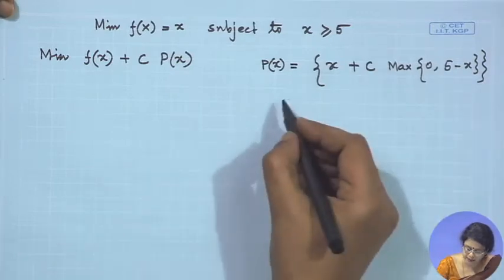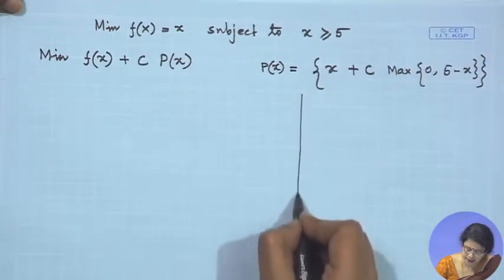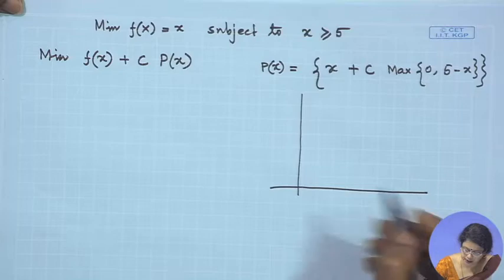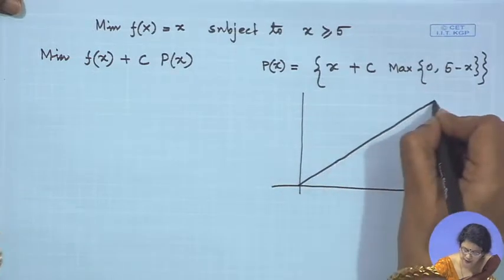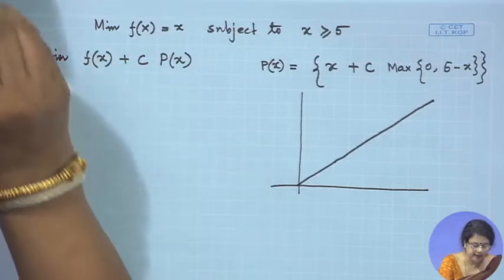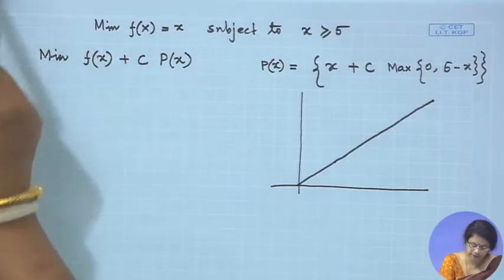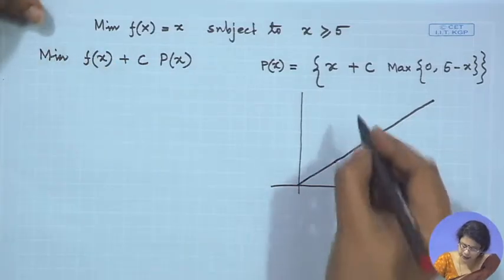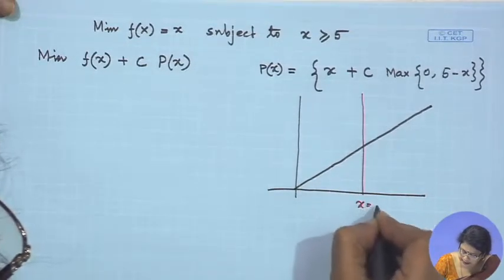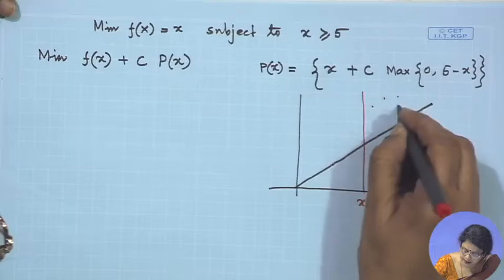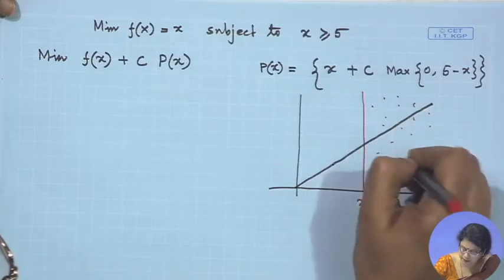What does it mean? It means that if this is the feasible space for me, then this is the objective function f(x) = x, and x greater than or equal to 5.